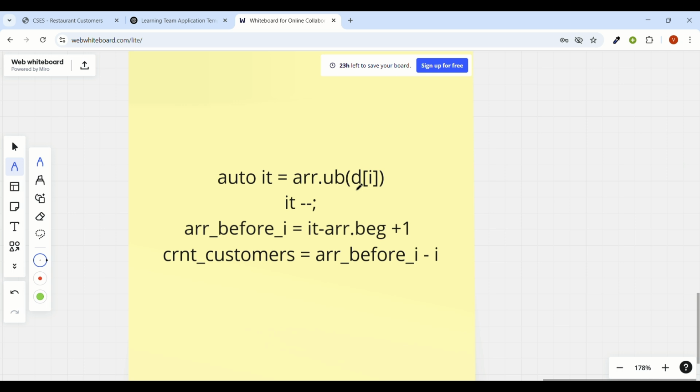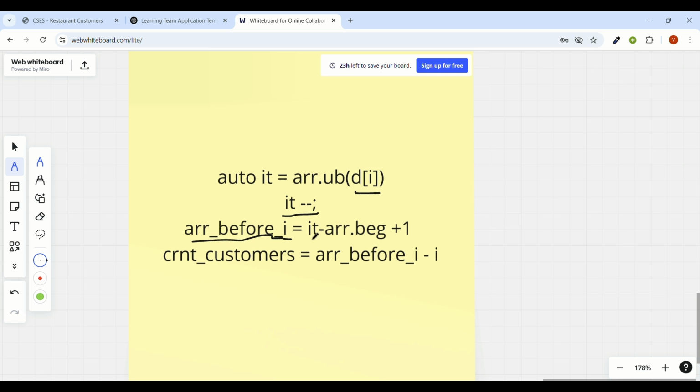This ith customer's departure time, we will find the upper bound for it in the arrival array. Then we would decrement that iterator, because this iterator is currently pointing to a customer who arrived after the departure of this customer. We will move to the previous customer, which is the last customer who arrived before the departure of this customer. Then we would find all the customers who have arrived before I.